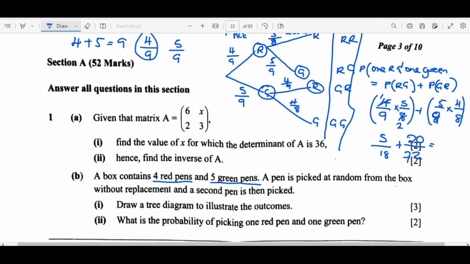Once you answer, you will find the answer is 5/9. So that is the probability of picking one red pen and one green pen.